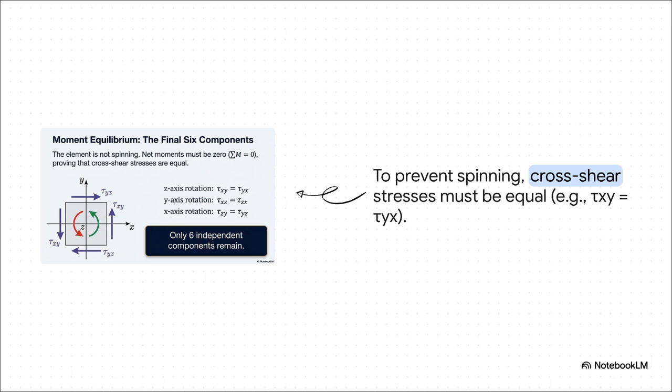This simple requirement proves that pairs of these shear stresses, like tau xy and tau yx, have to be identical. So that symmetry means 3 more of our shear stresses are redundant. They're just duplicates. We don't need them. We boiled everything down from 9 to the final magic number, just 6. These 6 values, that's all we need. That's the whole shebang, everything required to completely define the stress at a single point.